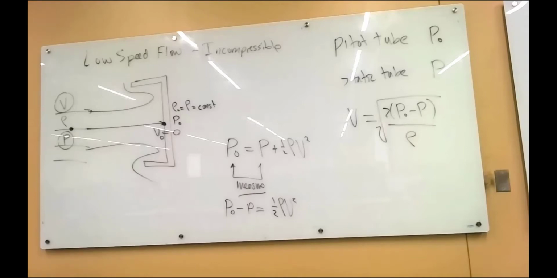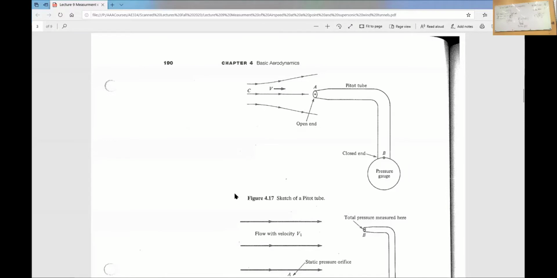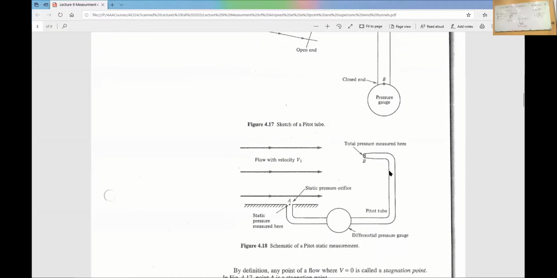Ah, here we go. So this is a Pitot tube. It's got a hole in the end, and the flow comes into the hole and stops. You guarantee that because you send it into this chamber. You can put a pressure gauge on that. That's the Pitot tube that measures this total pressure.